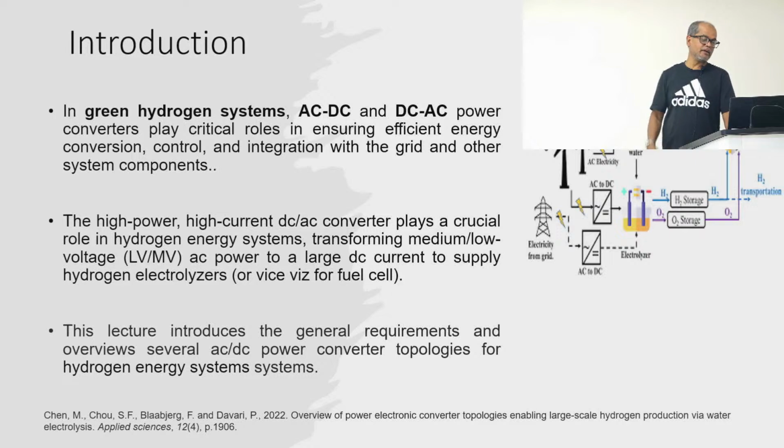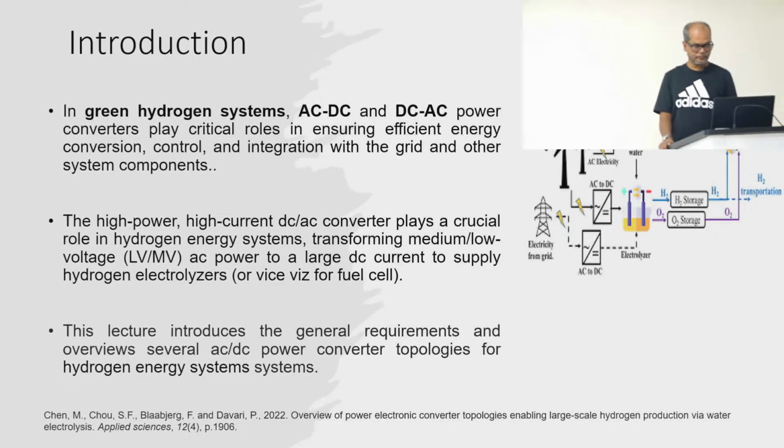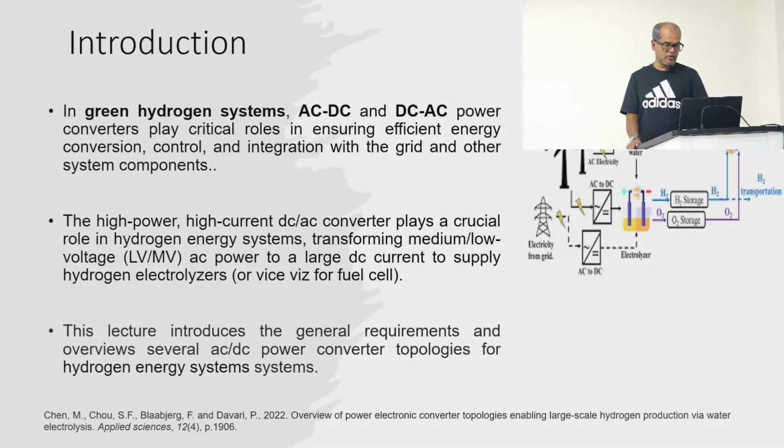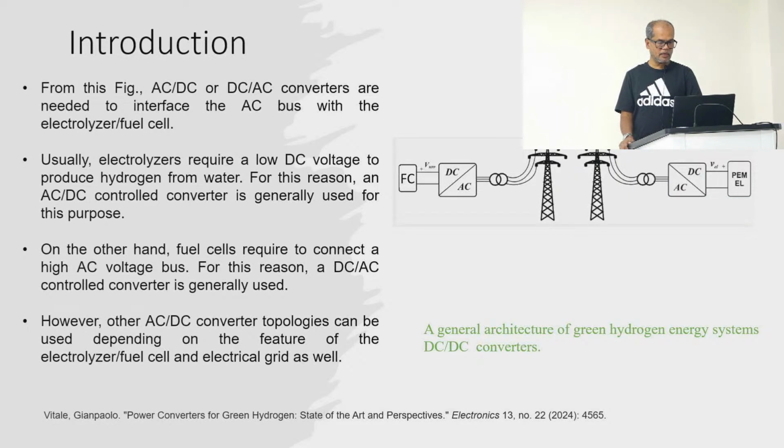We have talked many times that the converter plays a significant role in ensuring efficient conversion, control, and also grid integration. For hydrogen, mainly for the electrolyzer, we need high power, high current devices. Although there are many inverters and converters available, for our application we mostly need high power and high current.